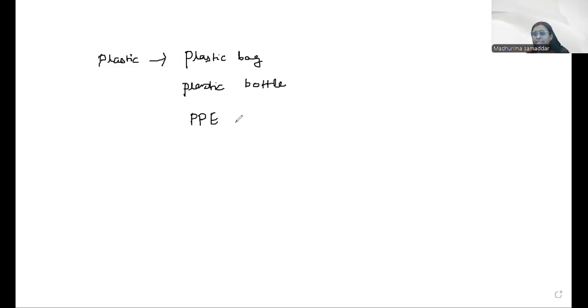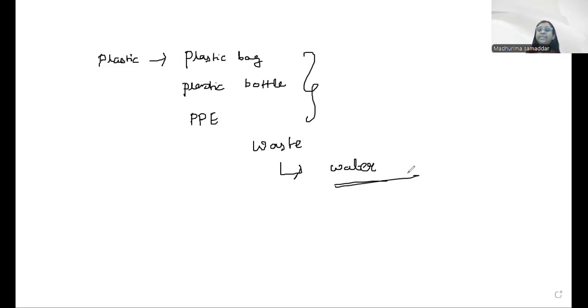So all these things, ultimately, when they become waste, what is happening? It is going to the water. As it goes to the water, it is disturbing the living organisms present there, or the marine life.